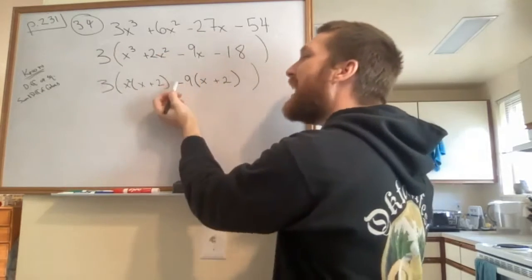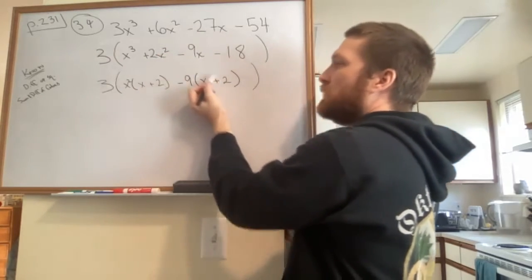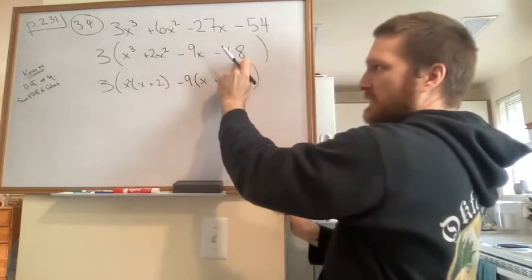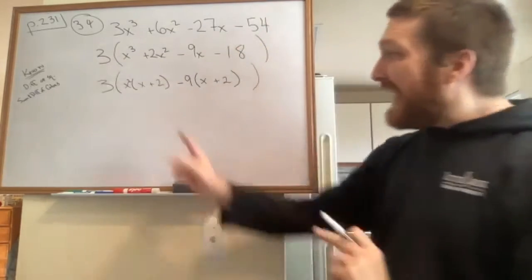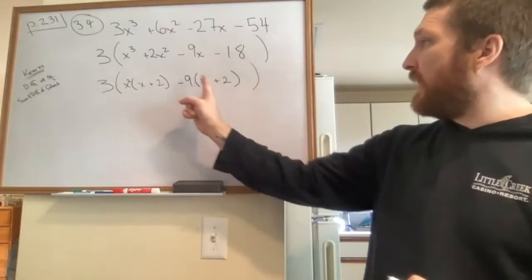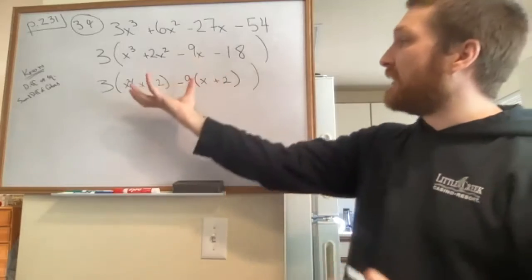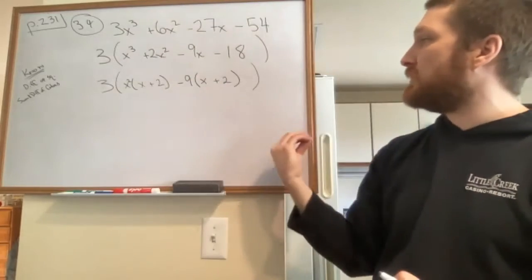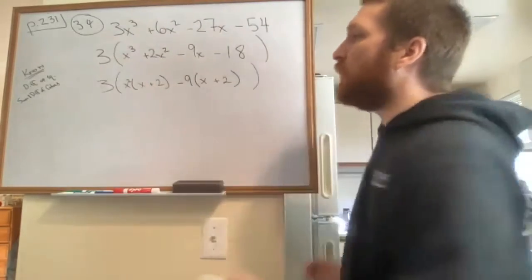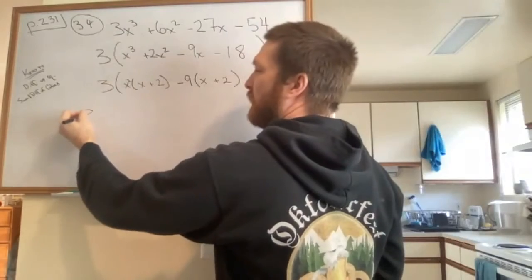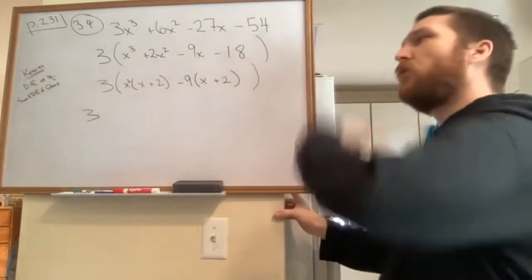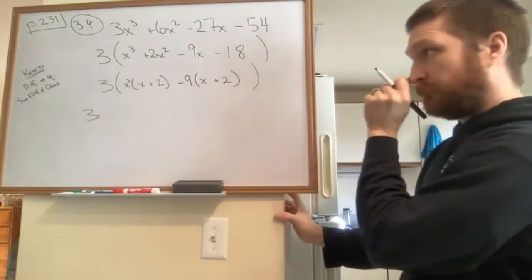Yes. Negative 9 jumps in to give me a negative 18. Yes. Now look at that, I have a common factor that I could pull out. So you tell me what to write. I'm going to go ahead and start it off for you. The 3's coming along for the ride. What are we pulling out?